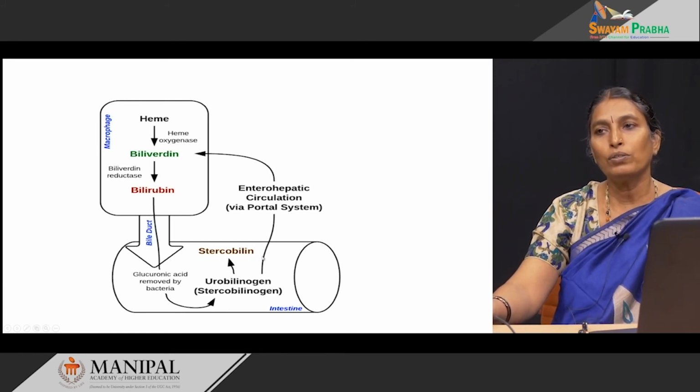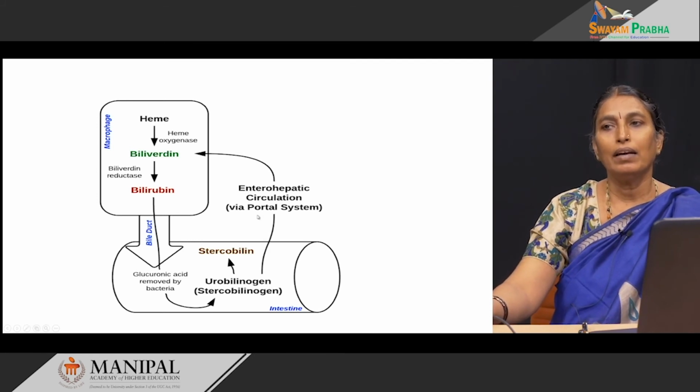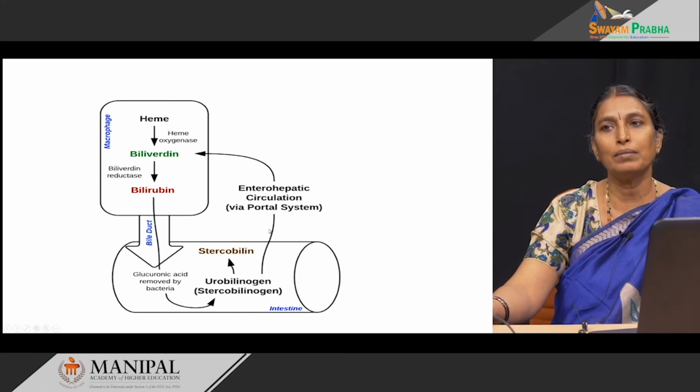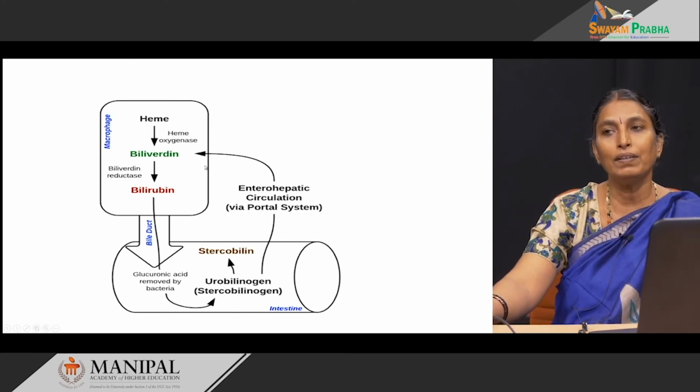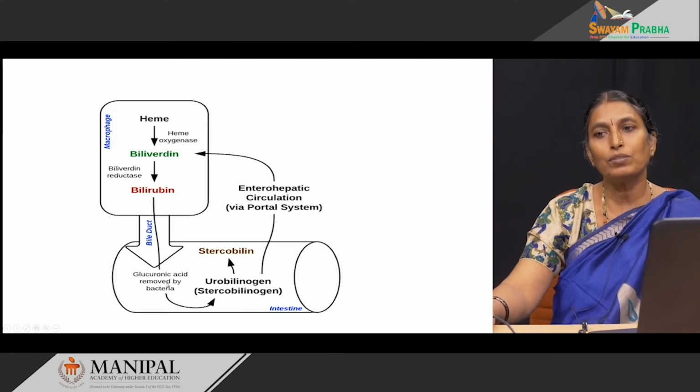A little part of this urobilinogen, nearly 5%, is also absorbed in the enterohepatic circulation. It means it is absorbed in the portal system, taken to the liver, resecreted into the bile, and that comes to the intestine.